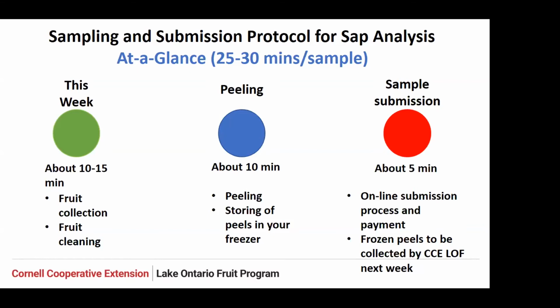Definitely, if you are collecting more than 5, 10, 15 blocks in your farm, 40 blocks or something like that, you're going to spend the morning collecting those fruitlets. Try to process them, get the peeling done the same day, and put all the peels in the freezer.